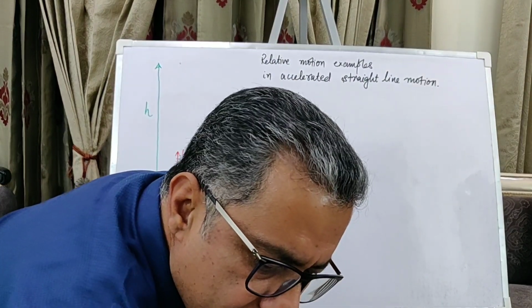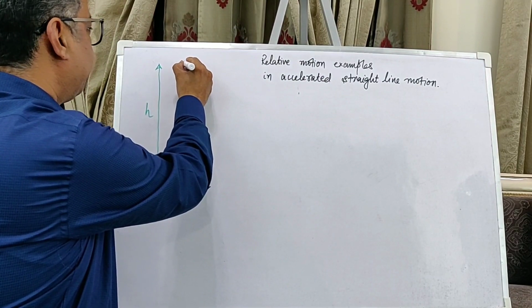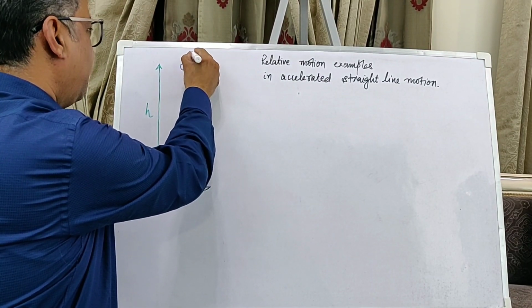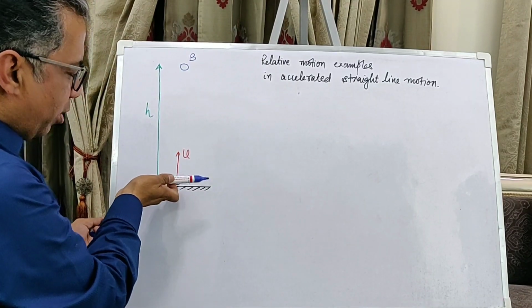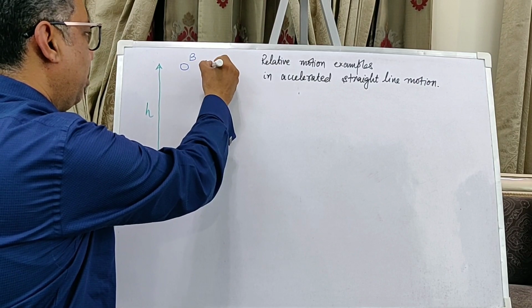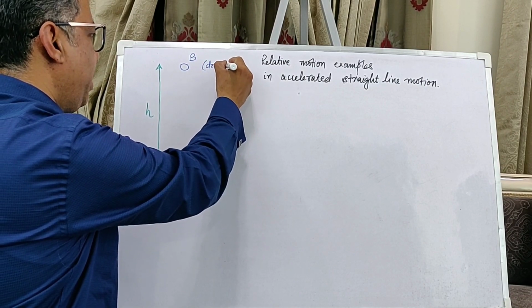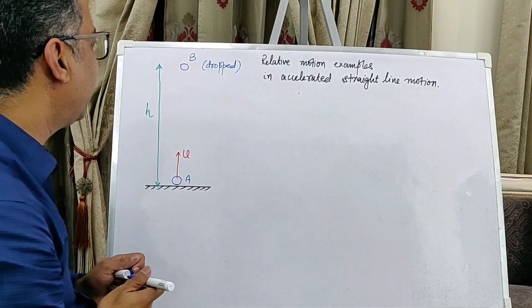So let's say this object which we are dropping from here is B. The moment A is thrown upward with speed u, B is dropped. Now, since B is just dropped, its initial velocity is 0.